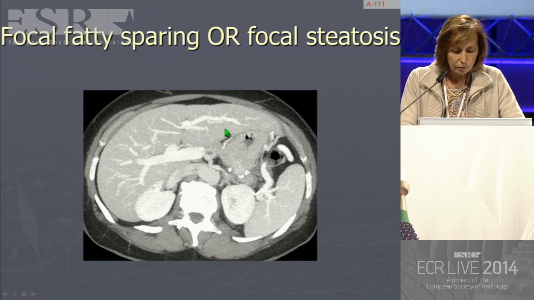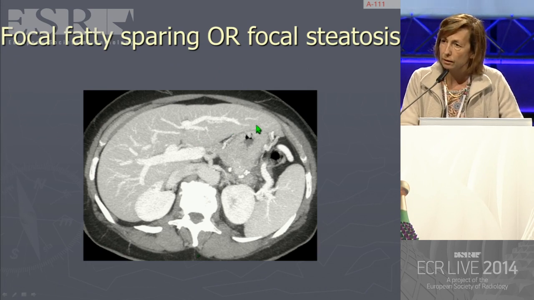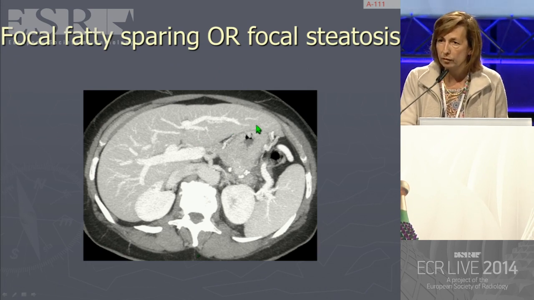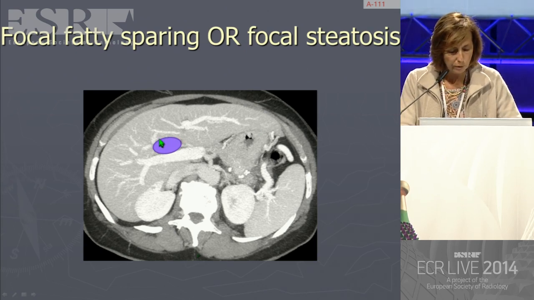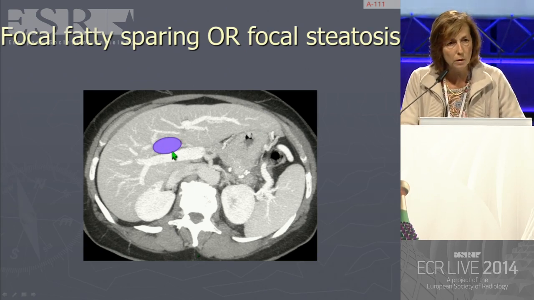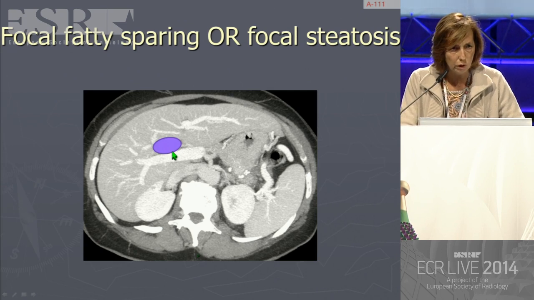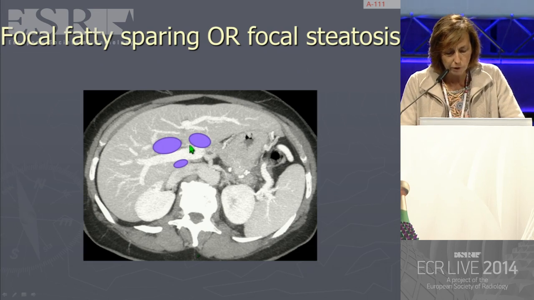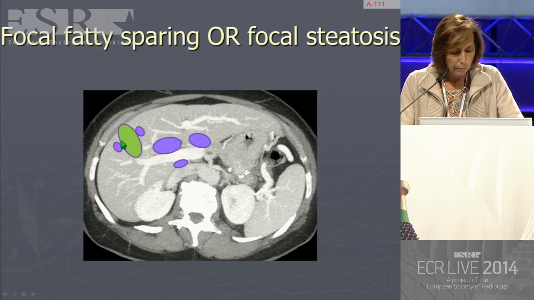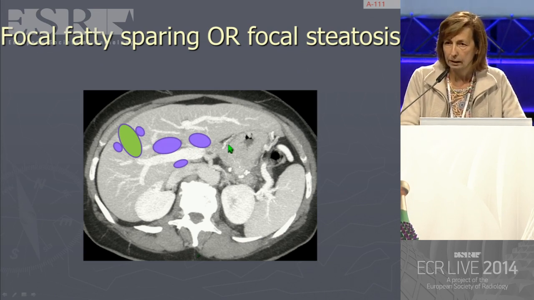You will see focal fatty sparing or focal steatosis in very specific locations within the liver, mainly in the posterior part of the segment 4, and this was the case I just showed you, but also in the caudate or in the posterior part of the left liver lobe, as well as on both sides of the gallbladder. The reason is why.